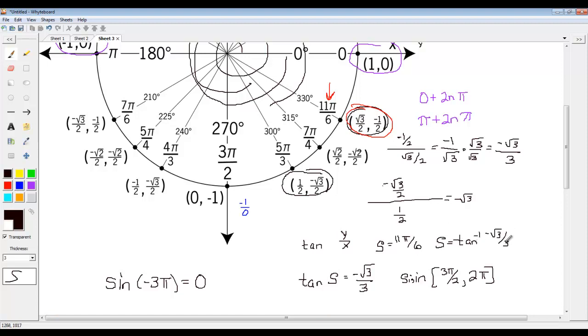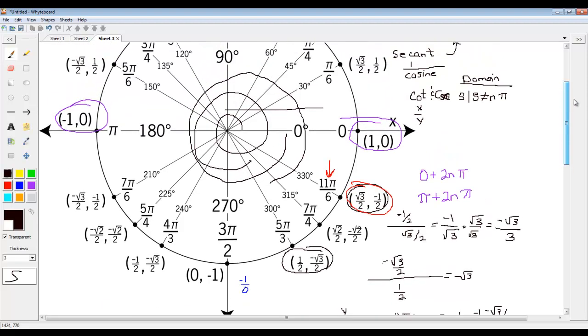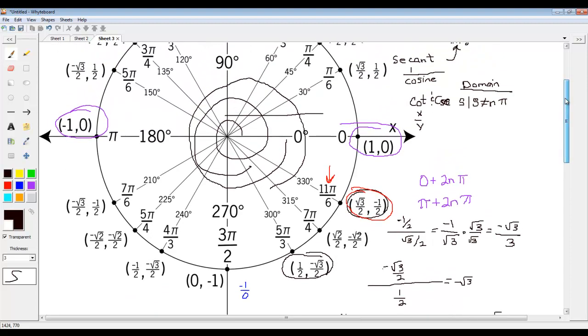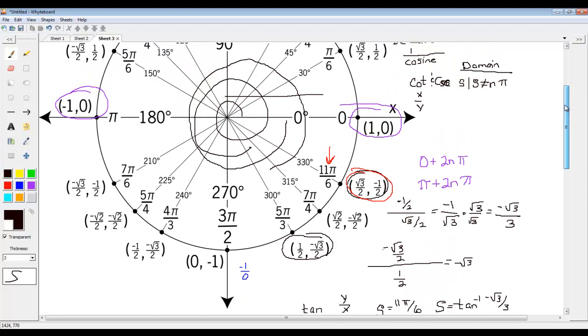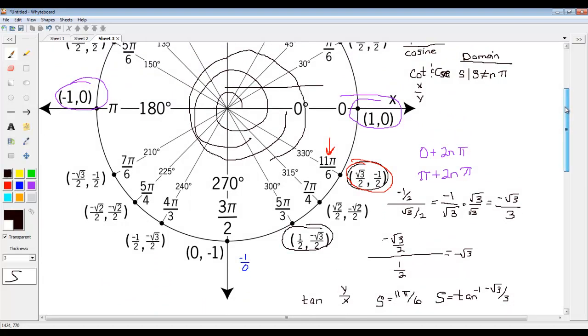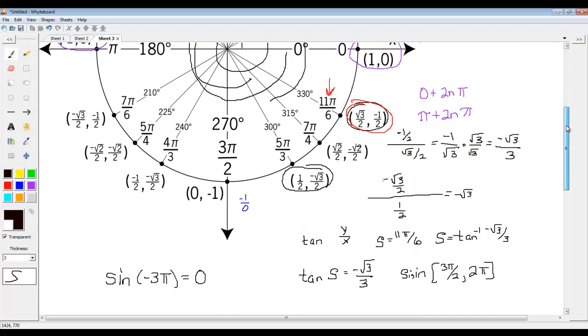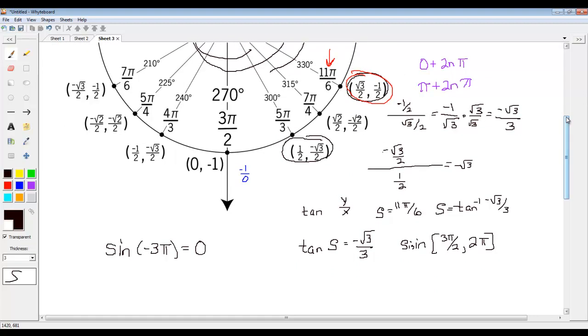But I was able to use the unit circle and say, well, let me find the ordered pair that gives me the negative square root of 3 over 3 for tangent, and then see what the theta is in radians. So you can work both ways with the unit circle. You can either find the sine, cosine, or tangent of an angle, or you can do inverses on here too, because you have the x's and y's laid out for you. The sines and cosines laid out.